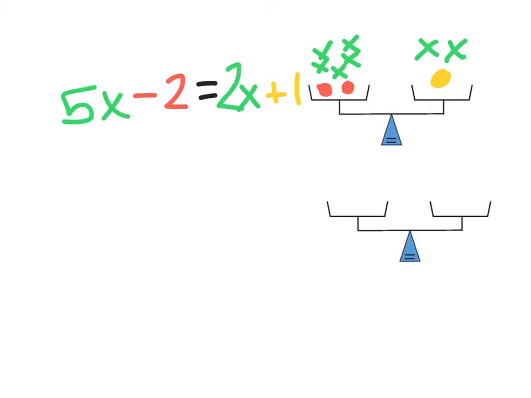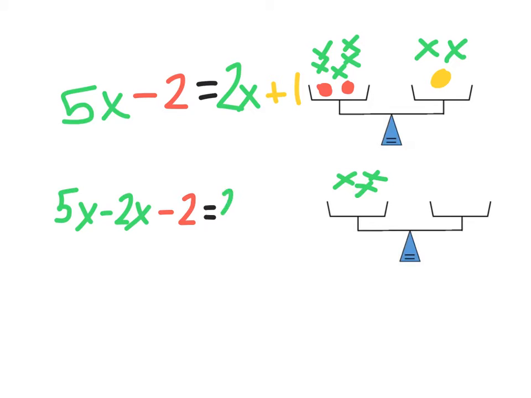If I take away those 2 from the right, I won't have any. And then if I'm taking away 2 from the right, I have to take away 2 from this side. So 5 minus 2, I'll only have 3 x's left. Okay. And then I haven't done anything to the minus 2. It's still there.